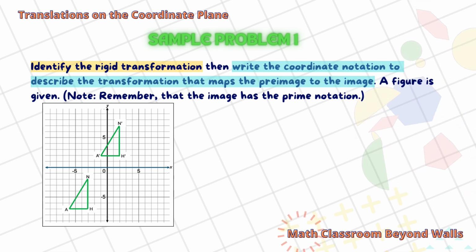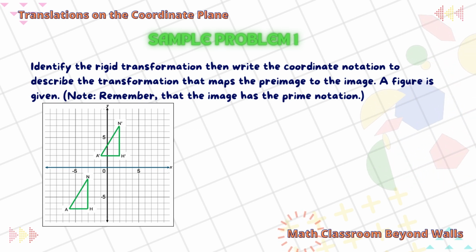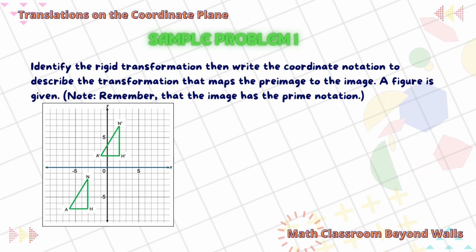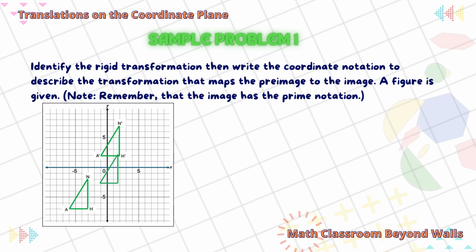A figure is given here. Let us examine the figure. What is the first thing that you notice on the figure? You're right. The preimage and the image have the same orientation. What else do you notice? Correct. The preimage is pushed to the right then up.